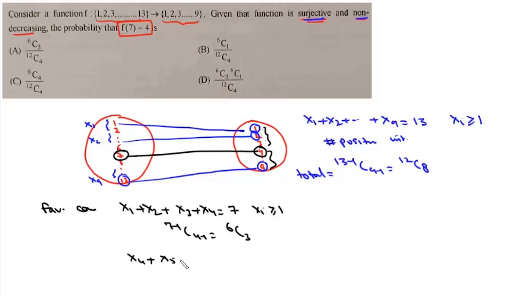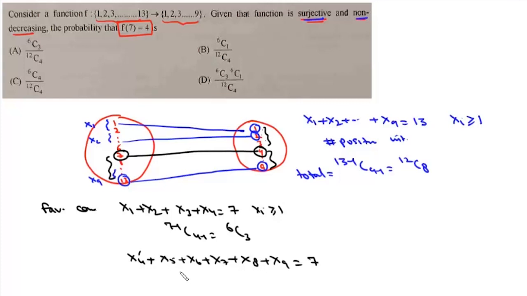And again, from 4 to 9 we can write x4 plus x5 plus x6 plus x7 plus x8 plus x9, and that will be equal to 7, and here we will take this as x4 dash, because we are talking about all the images of 4 from 7 to 13.